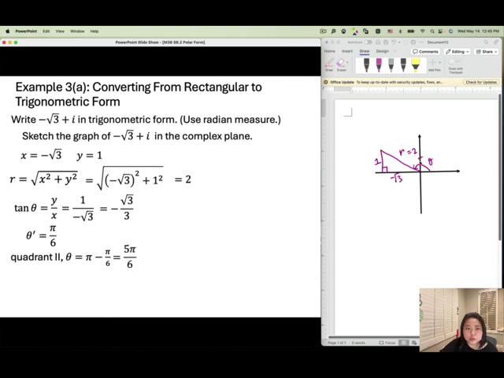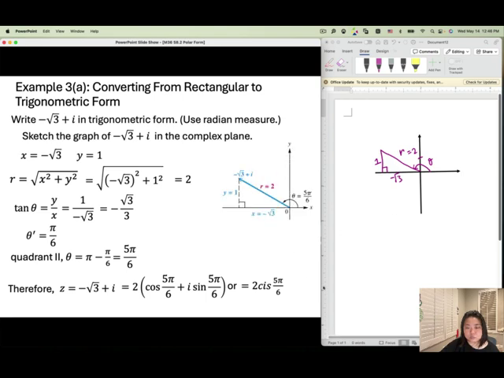So that will be the argument. So that will be 2 cosine theta plus i sine theta. Okay, we could use the notation 2 cis 5 pi over 6. This is how you guys convert from rectangular to the trigonometric form. Okay, first, try to sketch the picture. And then figure out the R and then the argument.